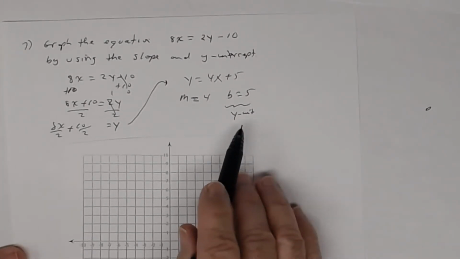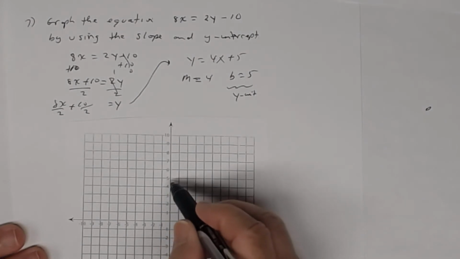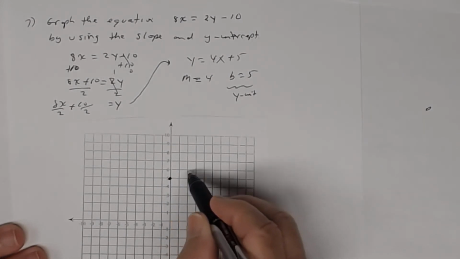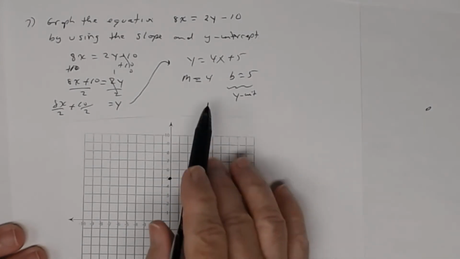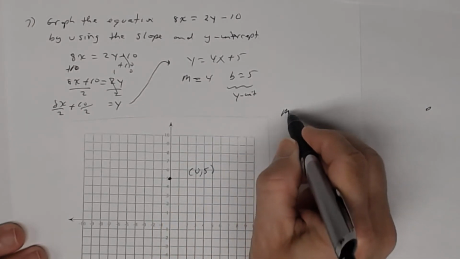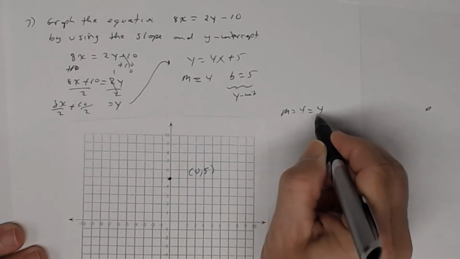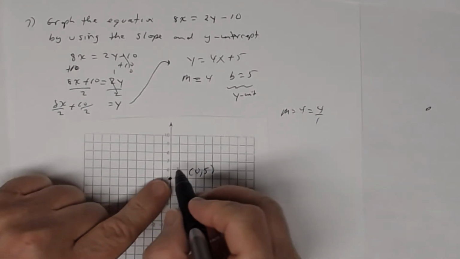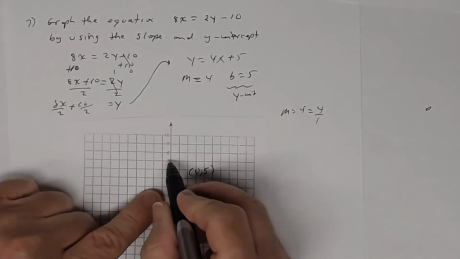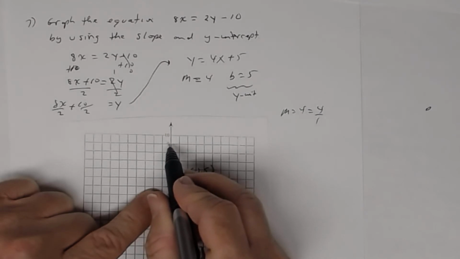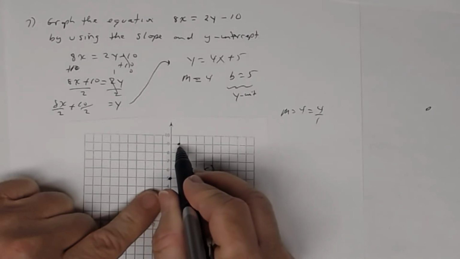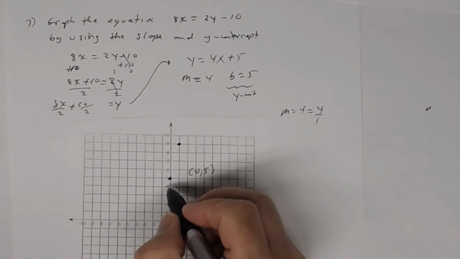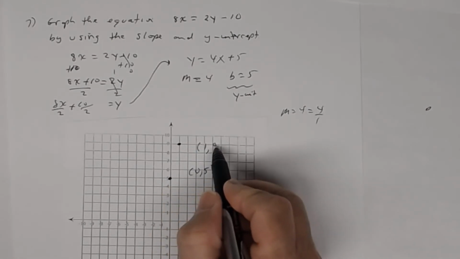The y-intercept's 5, so I'm going to plot the point 5 on the y-axis right here. So that's the point (0, 5). And the slope is 4, which I can write as 4 divided by 1, so rise over run. So my rise is positive 4, so I go up 4. 1, 2, 3, 4. And my run's a positive 1, so I go to the right 1, right here. So that's the other point of that line. So I get (1, 9).